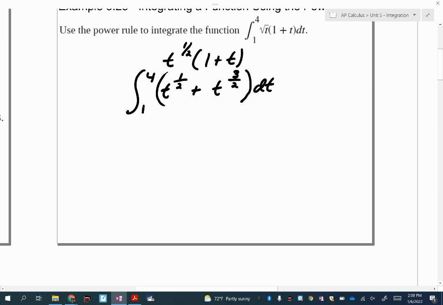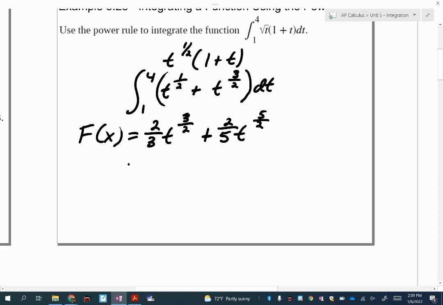I know that the antiderivative for t to the 1/2 power is t to the 3/2 power, because when you subtract 1 from that, you get 1/2, and I need to put 2/3 in front. Plus, this is going to be t to the 5/2 power, and I need to put 2/5 in front. Again, I could write plus c, but ultimately I'm going to choose c as 0. So this is my antiderivative.